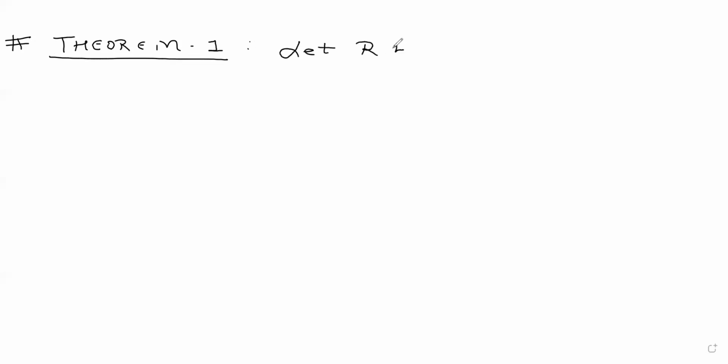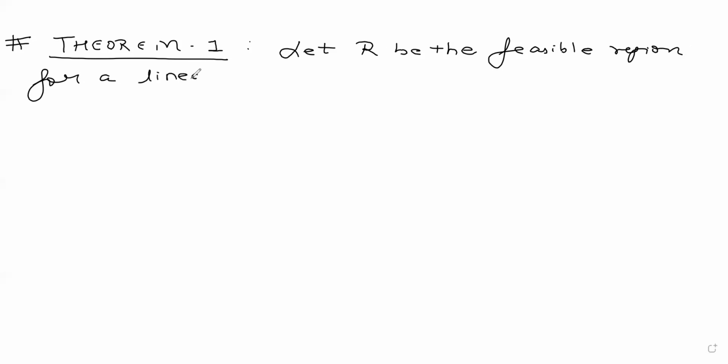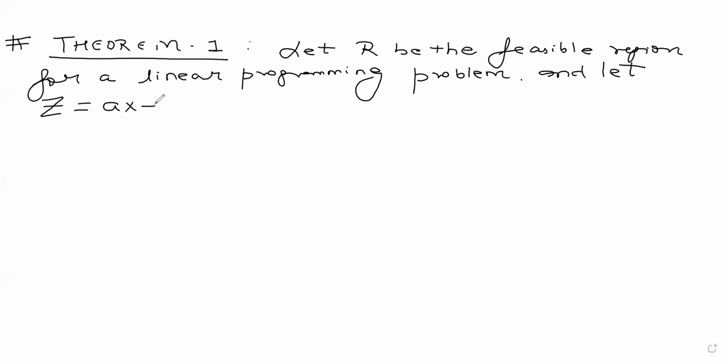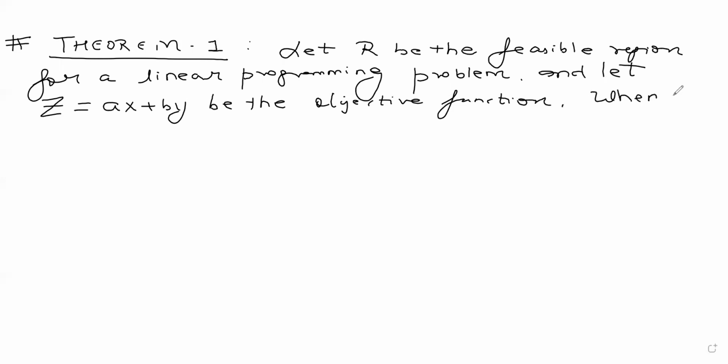Let R be the feasible region for a linear programming problem, and let Z equal to AX plus BY be the objective function.